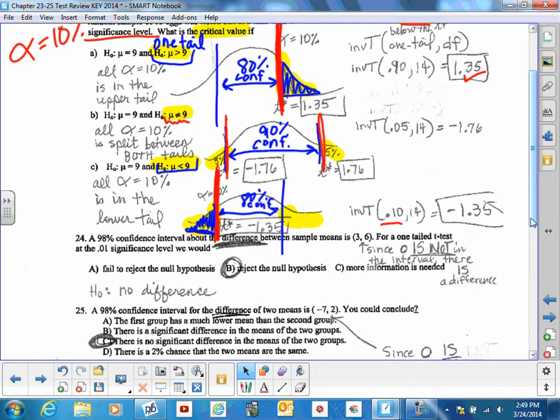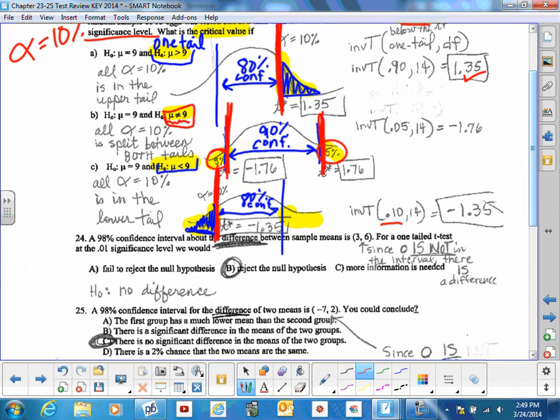B and the 2 tails is where it differs. If you have 2 tails, then the 10% is split between those 2 tails, and you have 2 critical values. The lower one at inverse t of 1 tail, and the upper one.